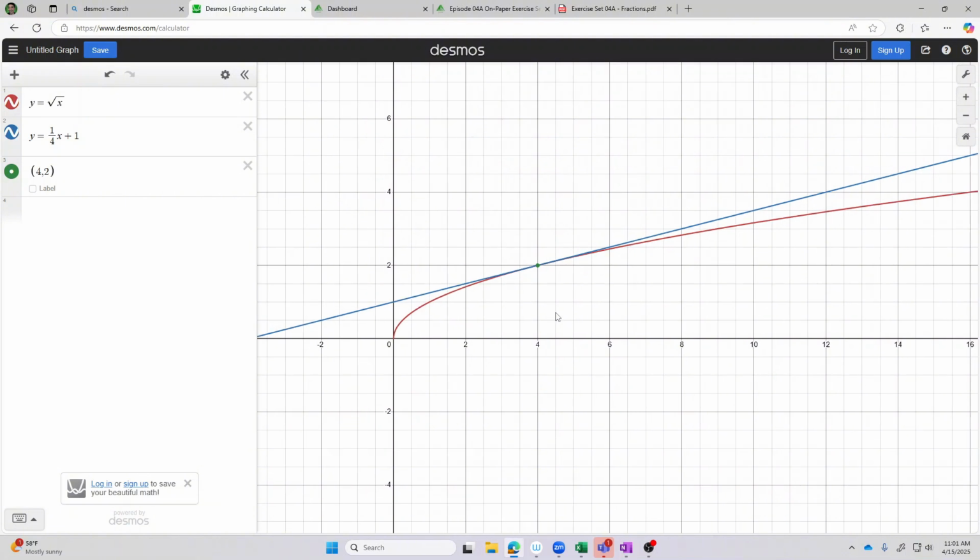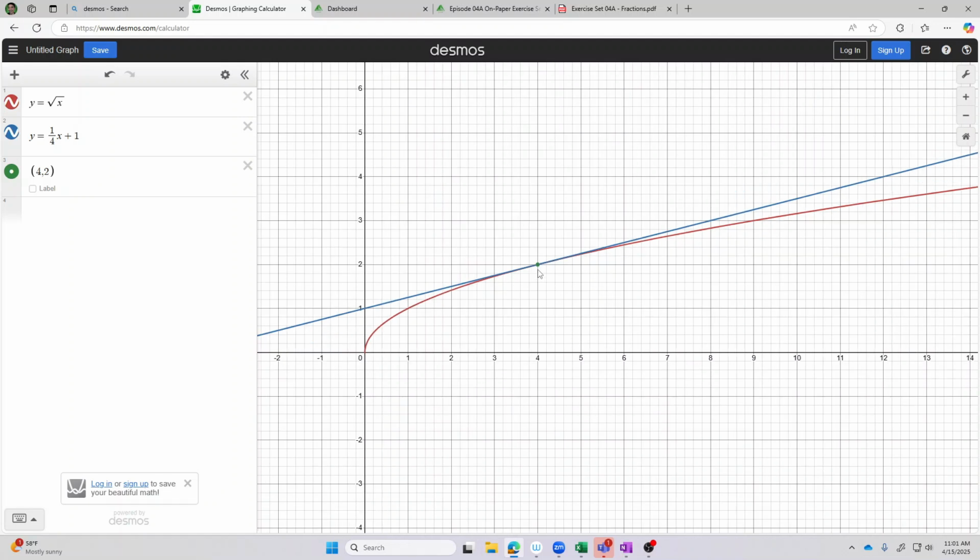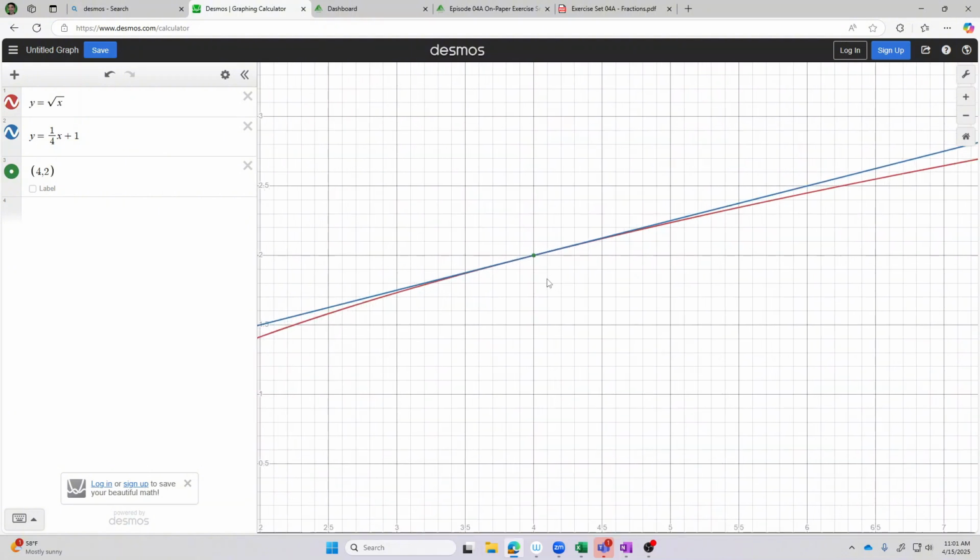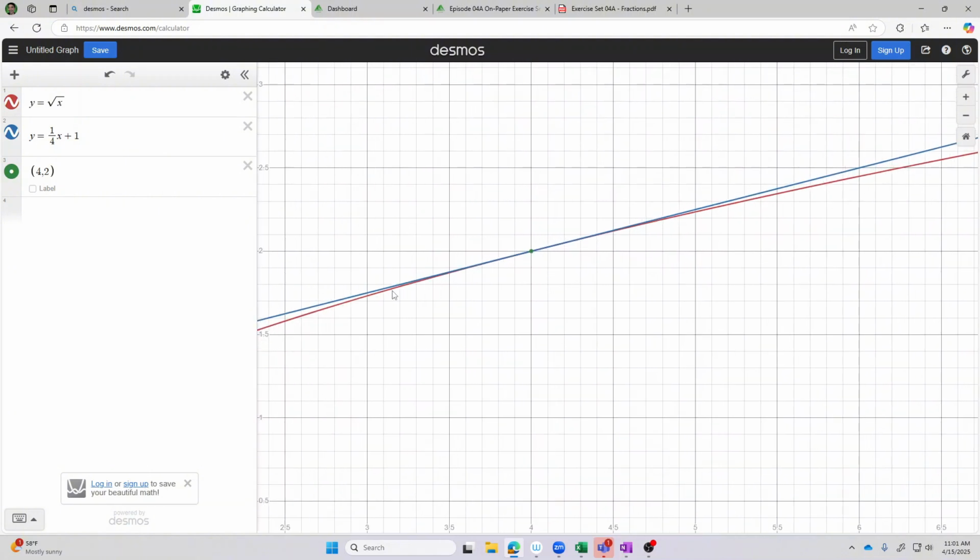So what I want you to notice about the relationship between the graph of the original function and the graph of the linear approximation is that if you look at the two equations in the vicinity of x equals 4, the linear approximation and the original function are extremely close to one another.